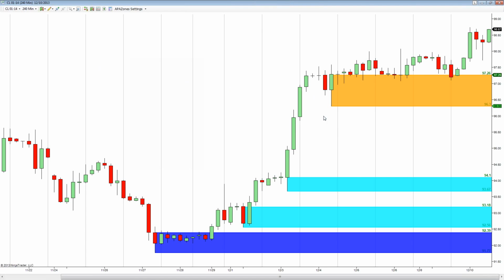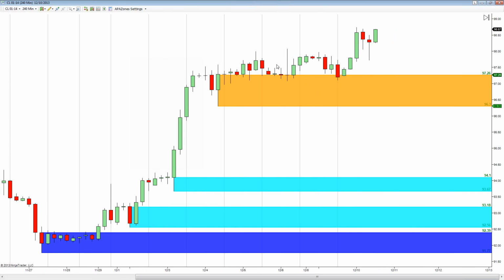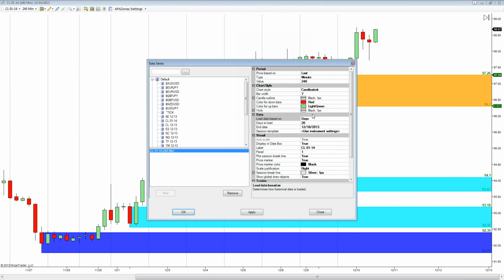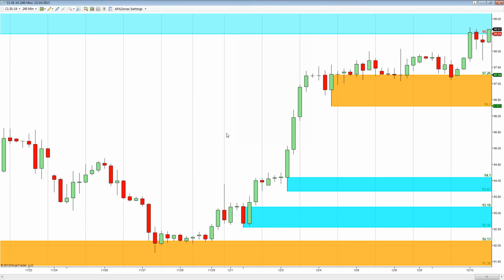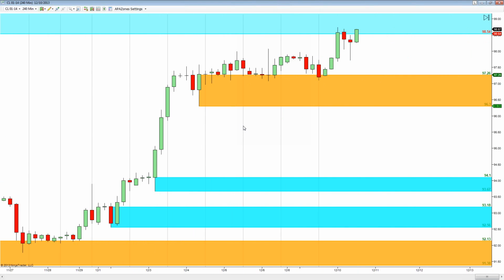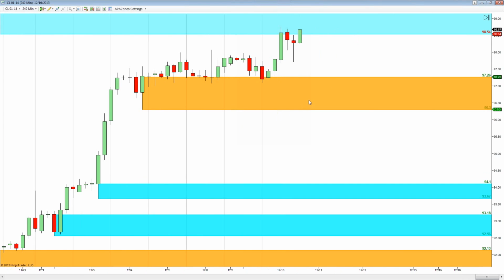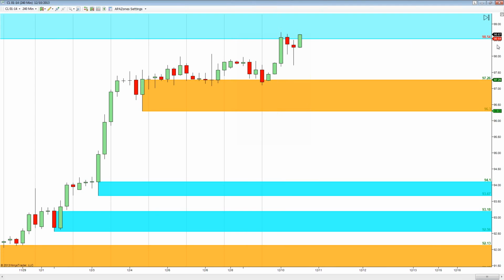To look at a 240-minute chart, this is what we're looking at here. Let me add some days. I don't have 20 days loaded, so let's load in 365, because it can go boom, boom, boom, just like that. If you're already familiar with zone techniques, then you know this is just an automation tool that will help you remember all these levels.